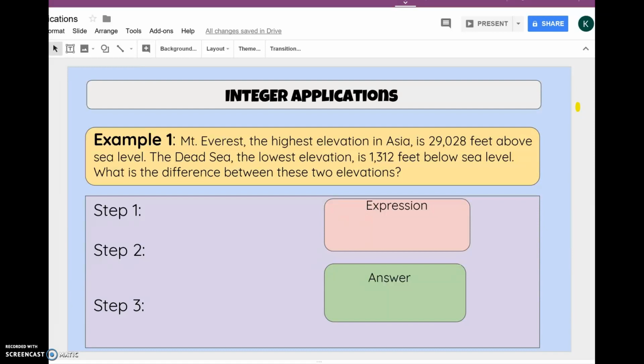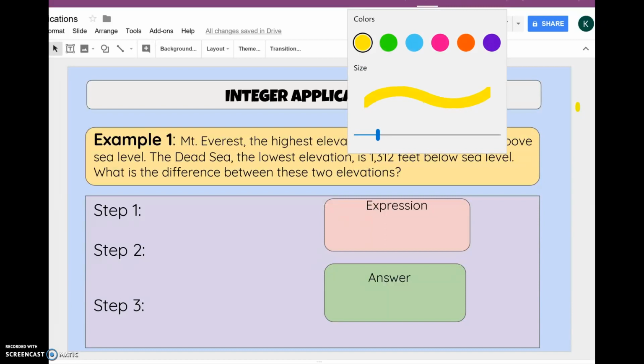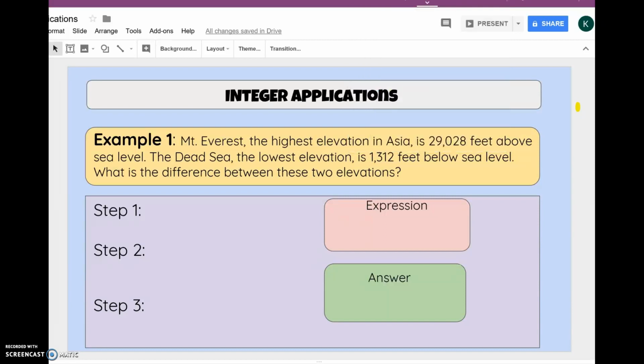So in order to figure this out, we first have to come up with an expression. And then we can simplify that expression using our integer rules to answer the question. So the first thing that I like to do is highlight any keywords that might represent mathematical meanings.